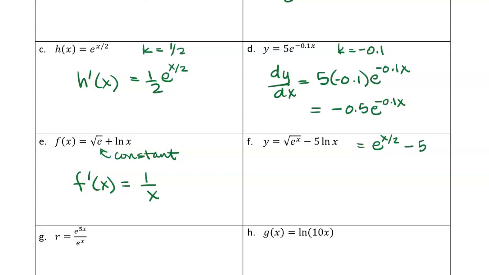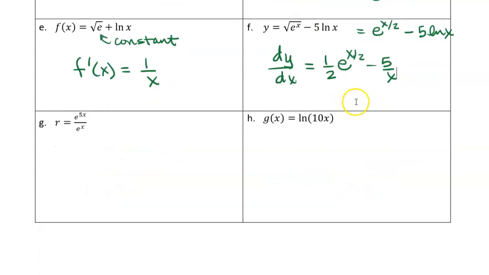So it's just a constant multiple of the natural log of x. So the derivative of that function is then, I'm going to bring down the 1/2, and then e to the x over 2. And then we have a constant multiple of the natural log. So this is just going to be 5 times 1 over x, or I could write it as 5 over x.